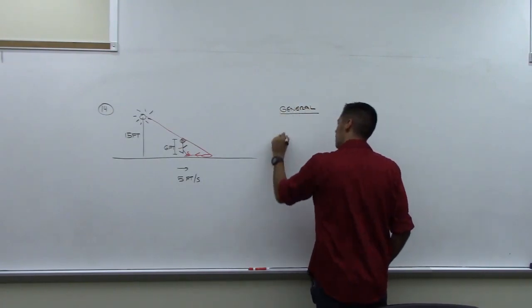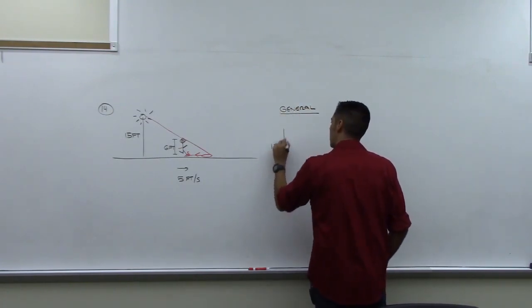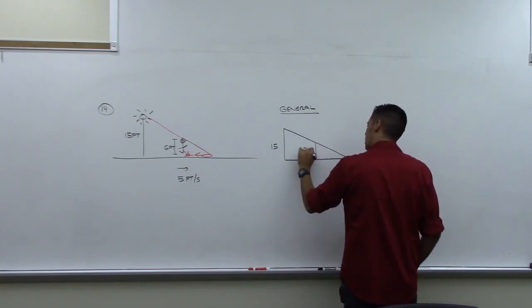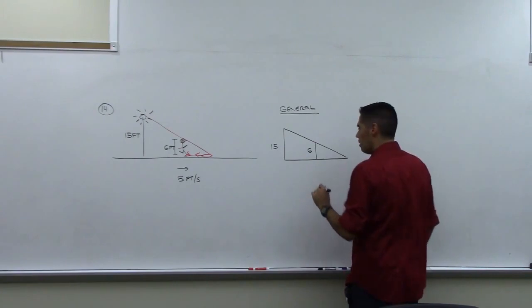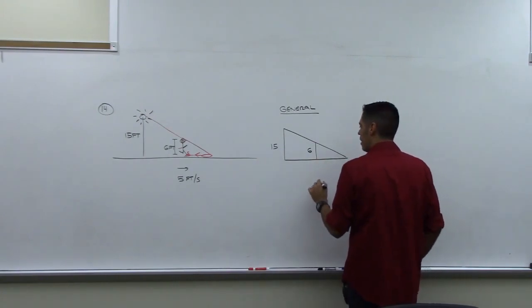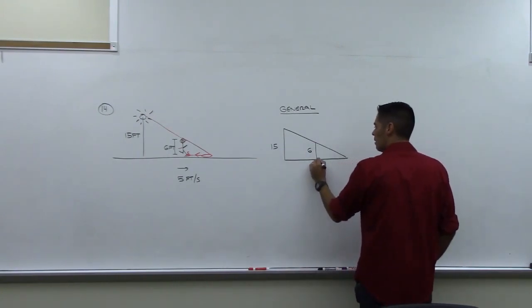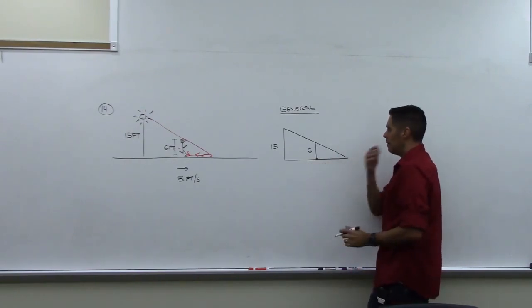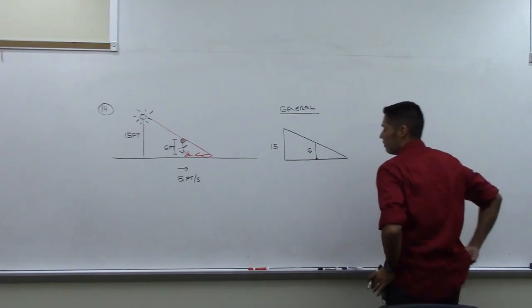We have a 15-foot side of a triangle coming down. We have a 6-foot side here, right? And this point is moving this way, right? That's all we have in the problem.